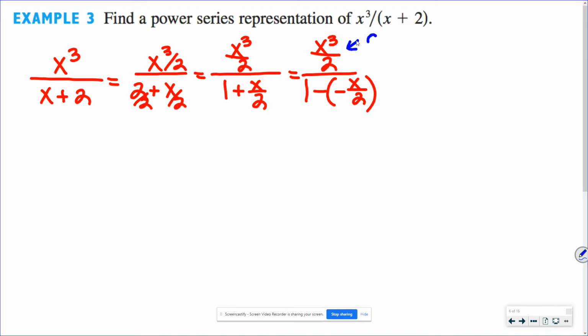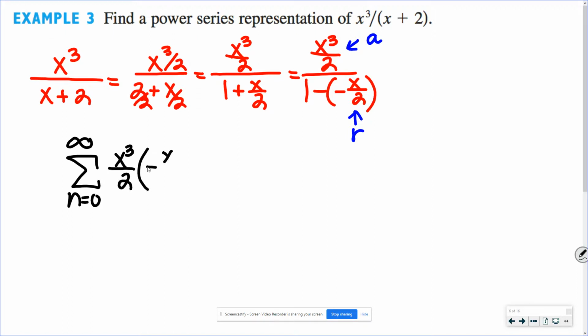Now I have my value of A and my value of R, so let's turn it into a series. Okay, so we have A is x to the third over 2. R is negative x over 2 to the power of n. Okay, let's do some rearranging.